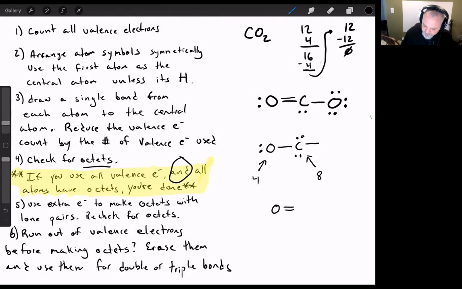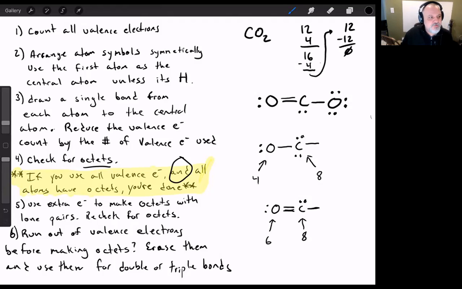What happened when I drew the picture like this? How many now? What does the carbon have? 1, 2, 3, 4, 5, 6, 7, 8. The carbon still has 8 around it. What happened to the oxygen though? 1, 2, 3, 4.